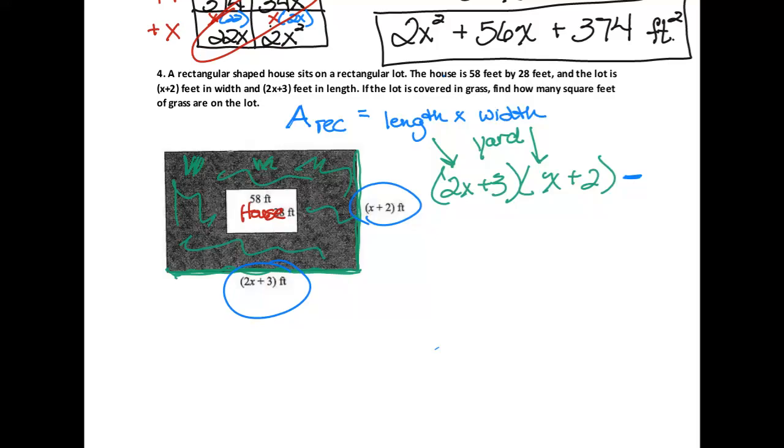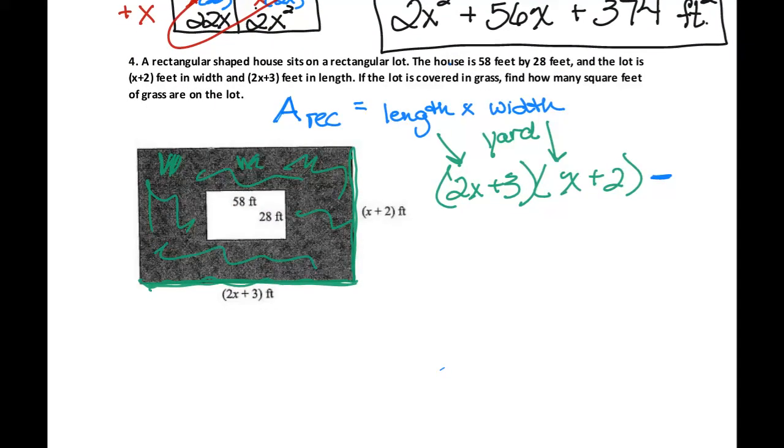I don't know why we would multiply that by 2, because here, well, is this not the whole yard? 2x plus 3 times x plus 2? I mean, that is the entire yard right here. But the problem is we don't want to count the area that is the house itself.